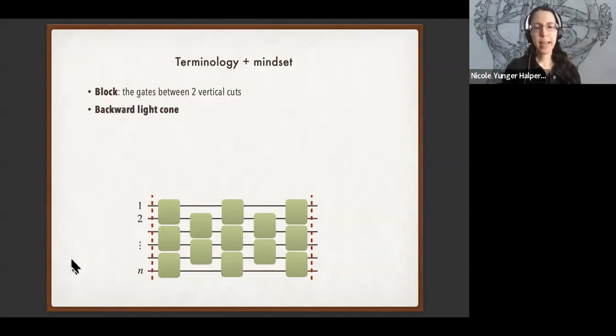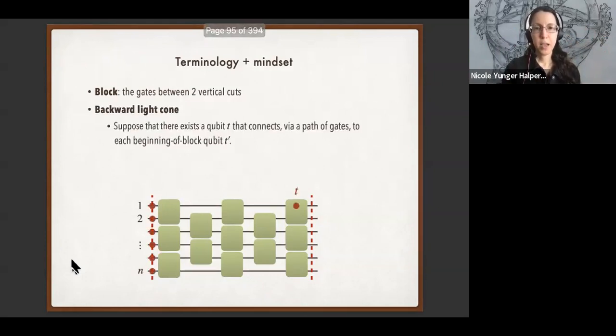A block can contain a backward light cone defined as follows. Suppose that a block has a qubit T that connects to each of the other qubits through paths that go through these gates.